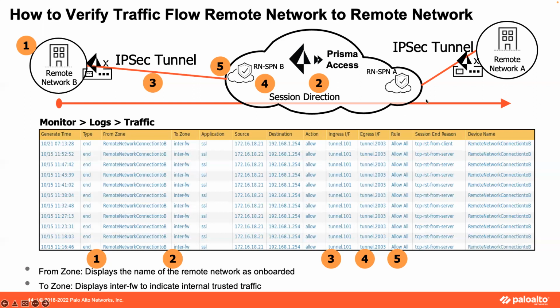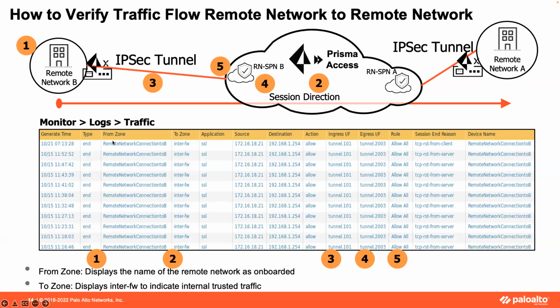The to zone, in other words, where the traffic ends, in this case, network A, is either internal forwarding, inter FW, or it's going out to the internet, and the only designation to say it's going out to the internet is untrusted, or whatever you name that outside zone.